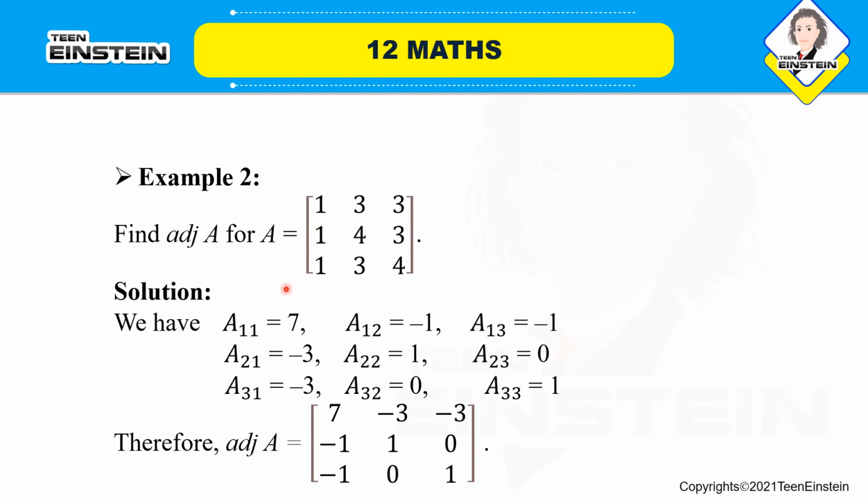So, cofactor of small a11 is capital A11. What is capital A11? Because in small a11 position we have the element 1, so we have to delete the row and the column having the element 1.